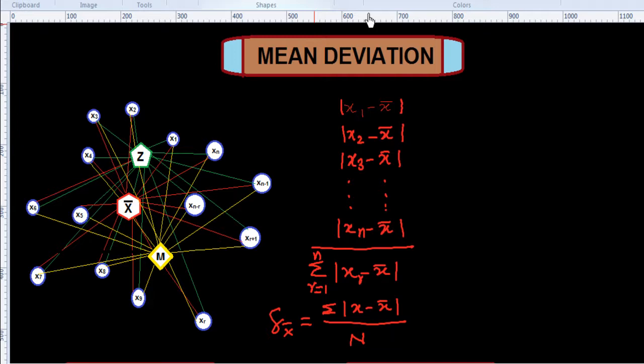Now we see another deviation. This is the mean deviation of mean. Oh, sorry, the mean of deviation it is. So now we take another one.